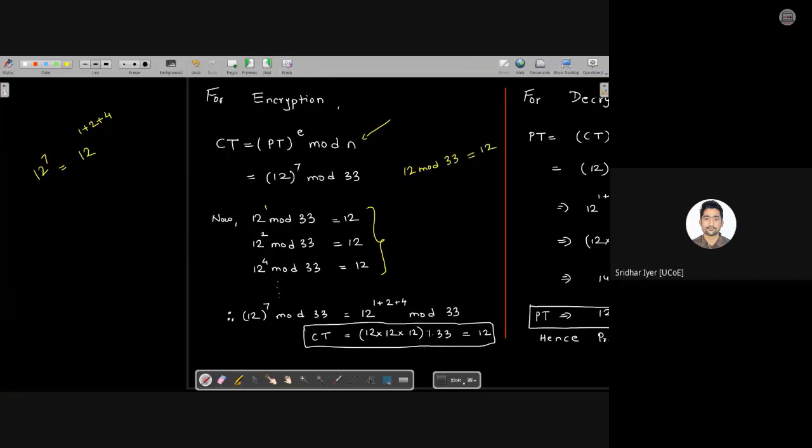If we say 12 square mod 33, it will be 144 mod 33. If you solve it, you will get the answer as 12. How come? Because 33 fours are, I guess, 132, if I'm not wrong. So that comes out to be 132 and you get a remainder of 12.